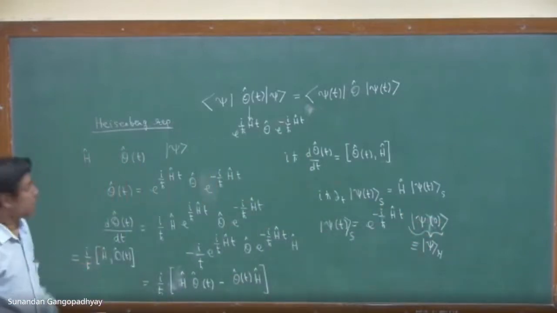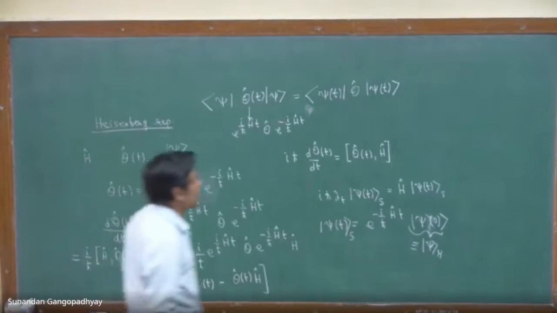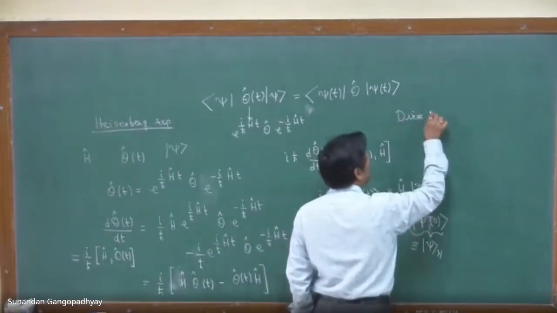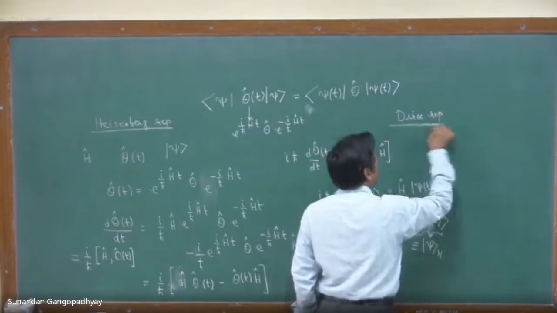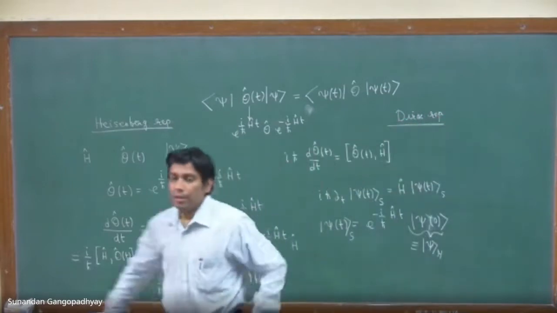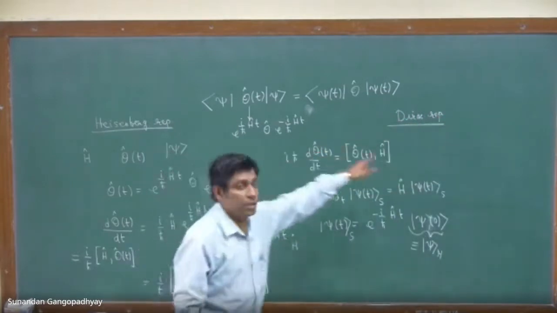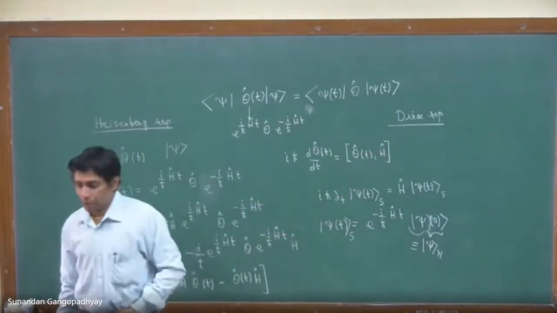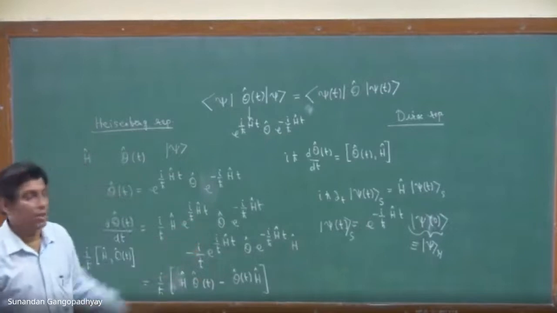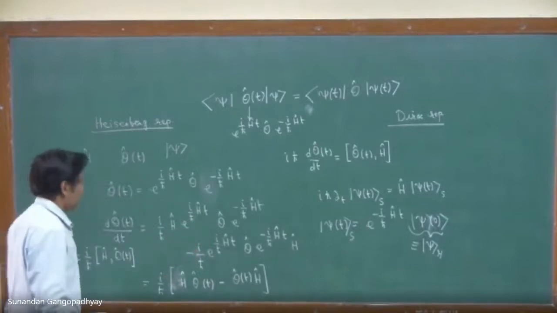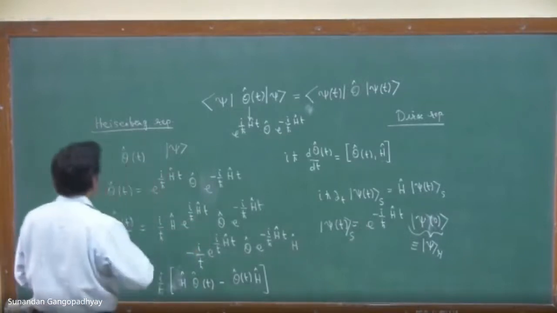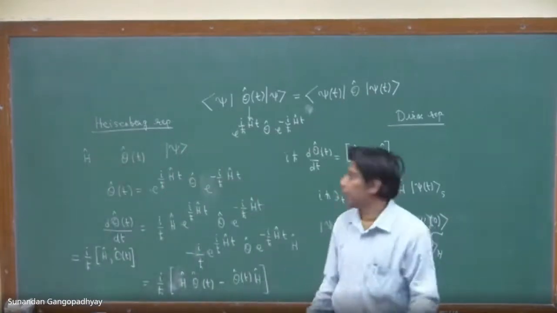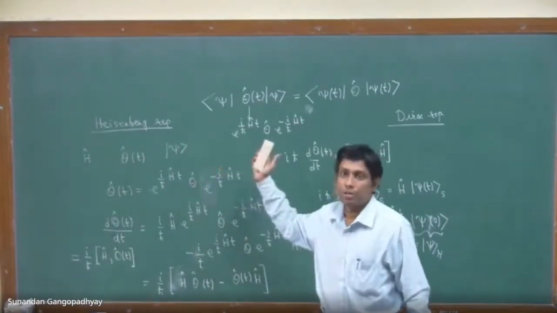Now there is another representation, which is the Dirac representation or interaction representation. You will realize later why this representation is very, very important when you deal with interactions, interacting quantum fields. This representation is very important, because it would be very difficult to write any equation in the Heisenberg representation or the Schrodinger representation.